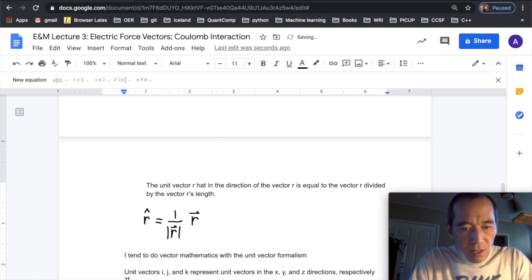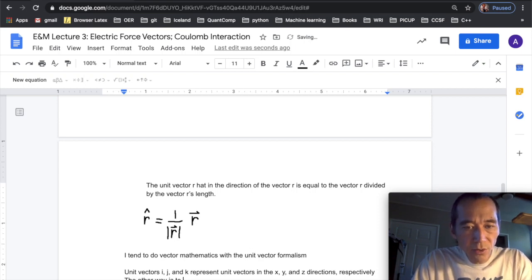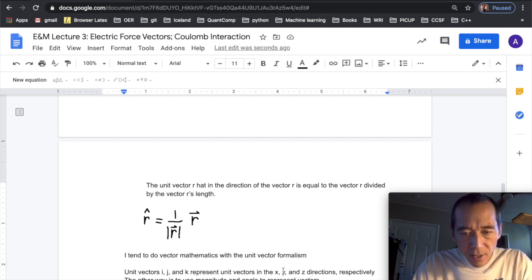The other way is to use magnitude and angle to represent vectors. And honestly, it is an equivalent way to do stuff. But I find the i hat, j hat, k hat formalism much more transparent, honestly.